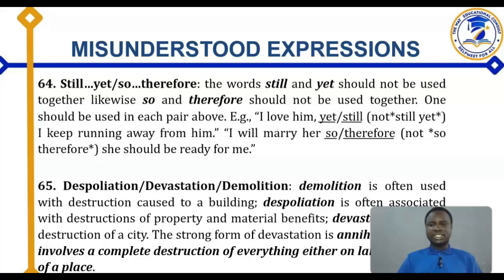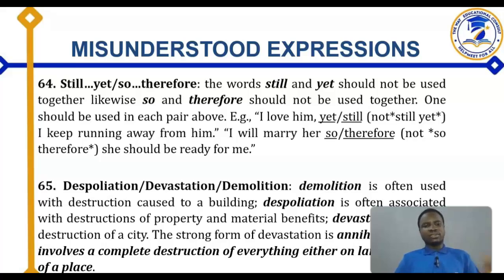And then devastation is used for the destruction of a city. Those three words are about destruction, but what they destroy, the object of destruction, is what we consider as being different. So when it's a whole city or a whole town, you could talk of devastation. About the strongest form of devastation is annihilation.